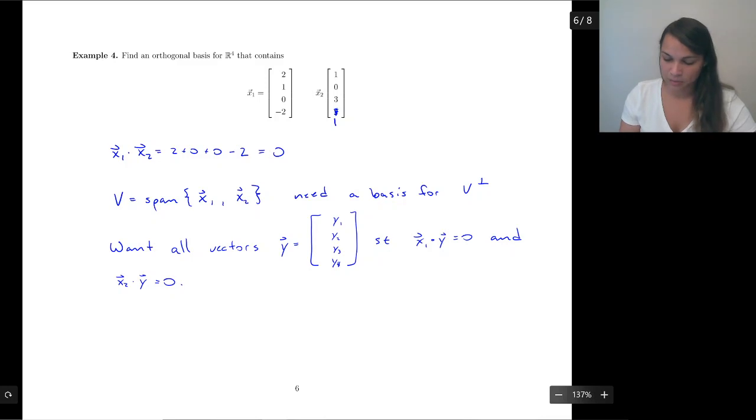So we want it to be perpendicular to both of those 2 vectors, and then it should be orthogonal to everything in V, because it was orthogonal to the basis of V.